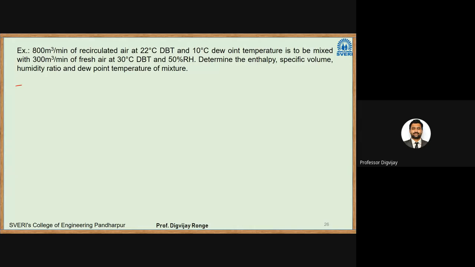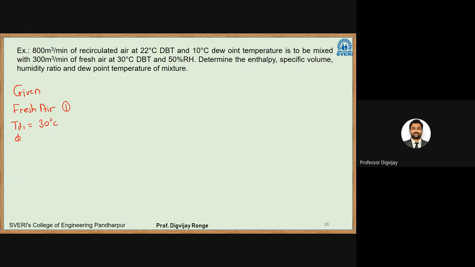So given data here, given fresh air, let us denote it as 1. So this will be TD1. It is 30 degrees Celsius.